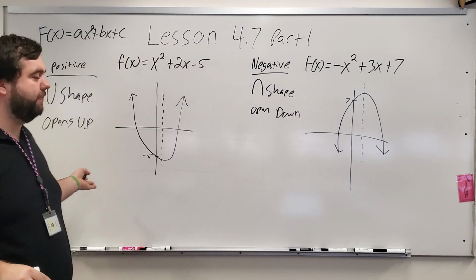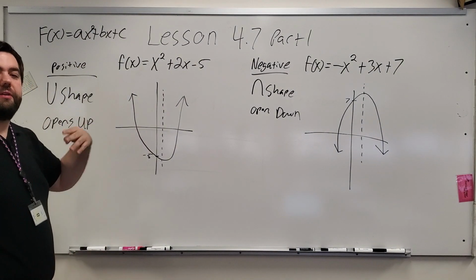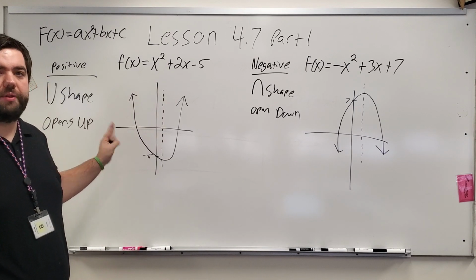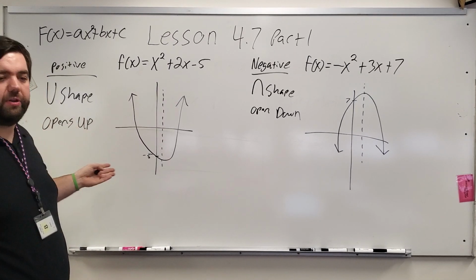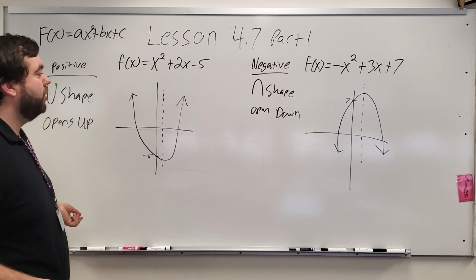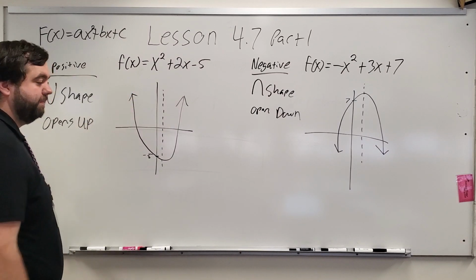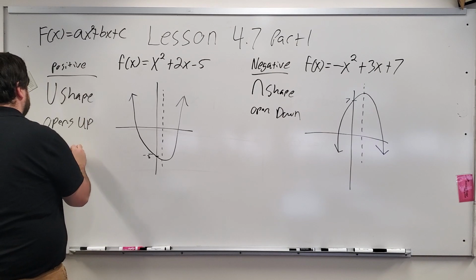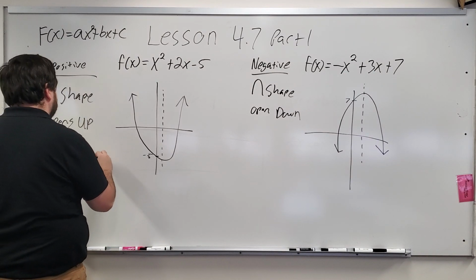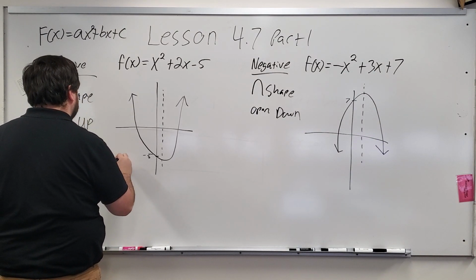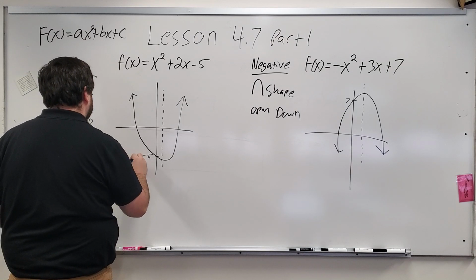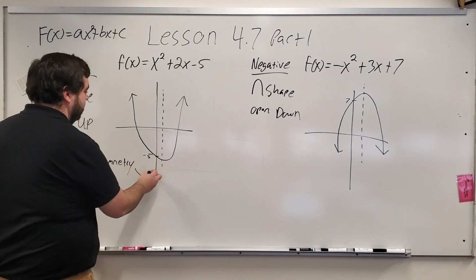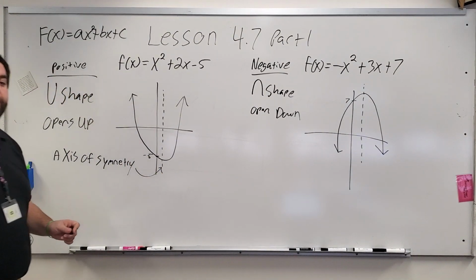My drawing might not be the best, but you should see the Desmos graph on your notes, and that will kind of show you what it looks like, right? So what do we call this line? Well, it's called the axis of symmetry. Okay? This dotted line is called the axis of symmetry.